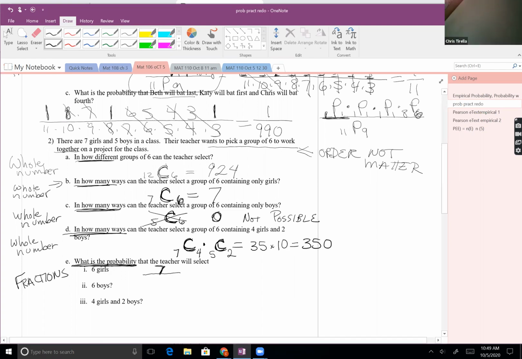And how many ways can the teacher pick 6 students? Isn't that our 924? And I do believe that 7 goes into 924. I'm not positive though, so I'm going to double check. Yep. And so that reduces to 1 over 132.